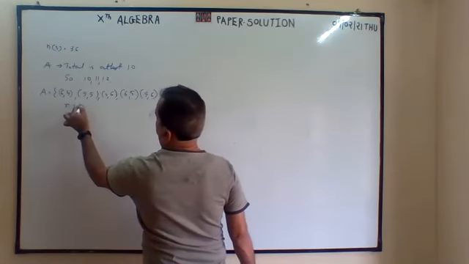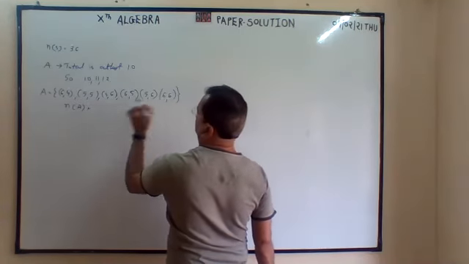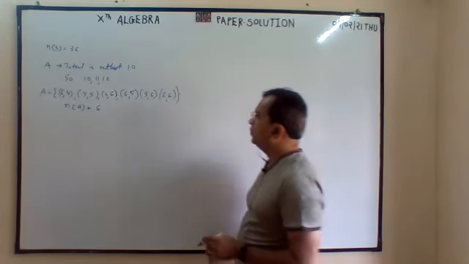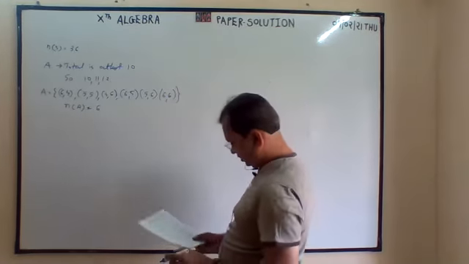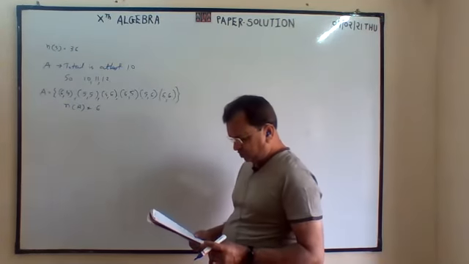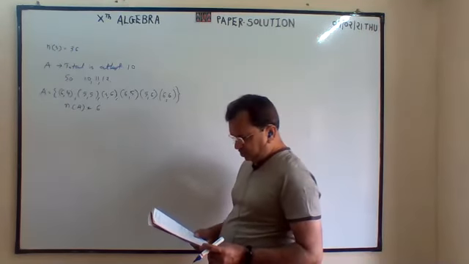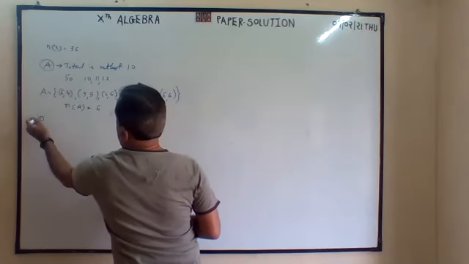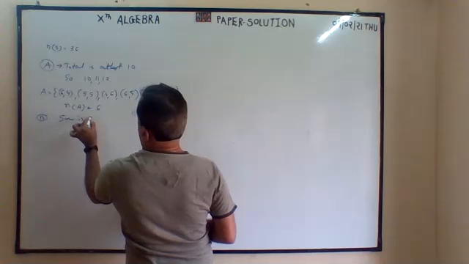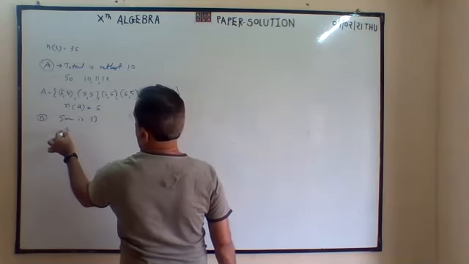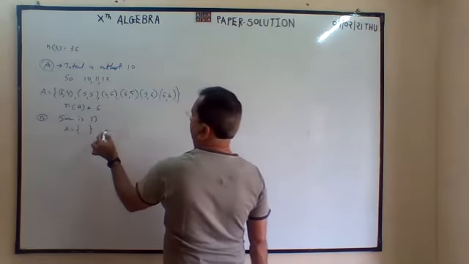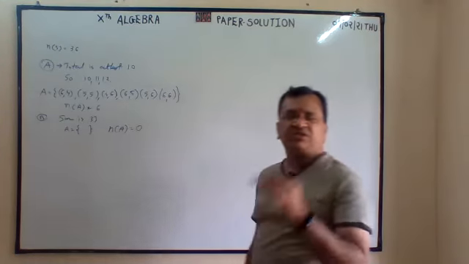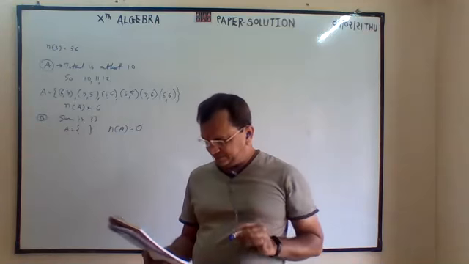So number of outcomes in A is 6. Correct. Maximum sum possible is 12.